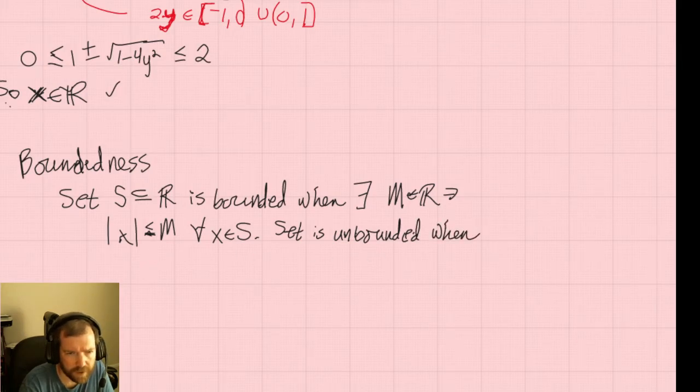A set is unbounded when no such M exists.